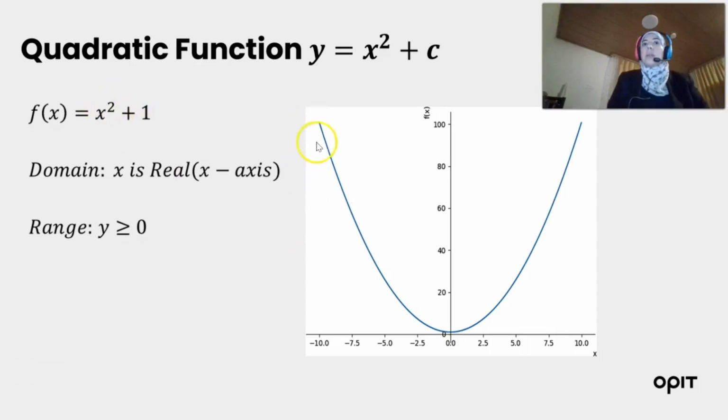So if we plot it this way, this is the plot of a quadratic function. We can see from the plot that whether x is positive or negative, y is always positive. So the range of the quadratic function is that y is always positive because it comes from the x squared.